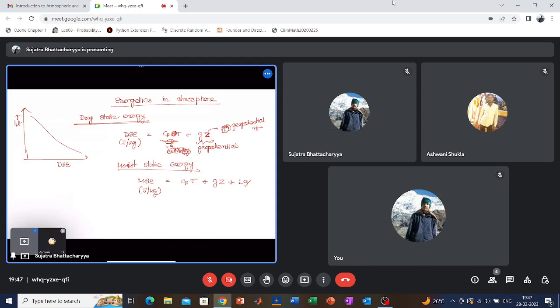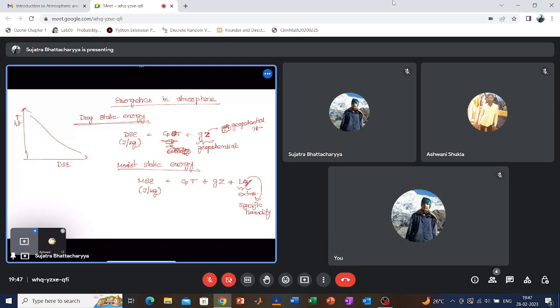CpT plus gz plus Lq, and this is the extra term. So DSE plus Lq is nothing but MSE. And this q is specific humidity. Fine.